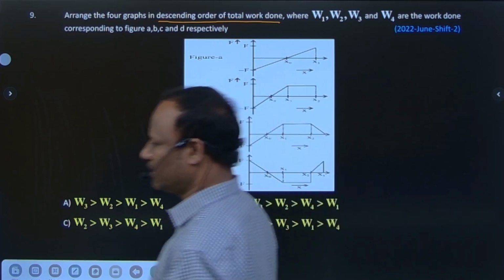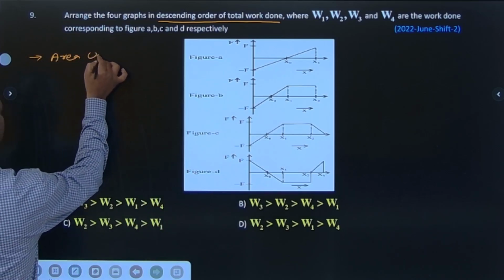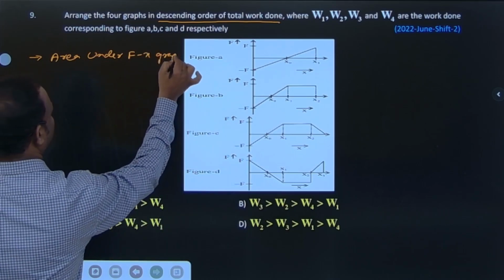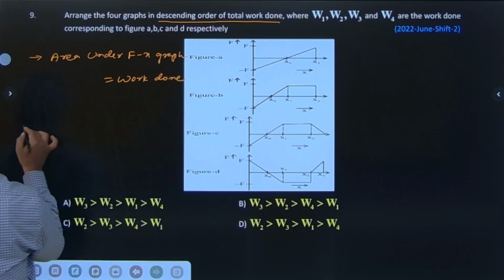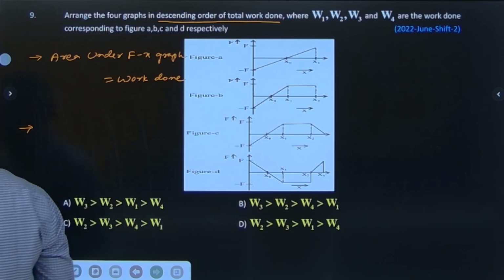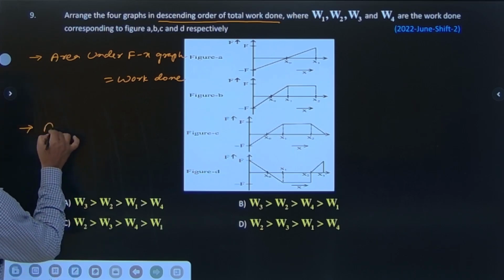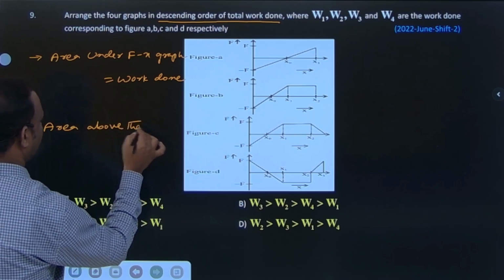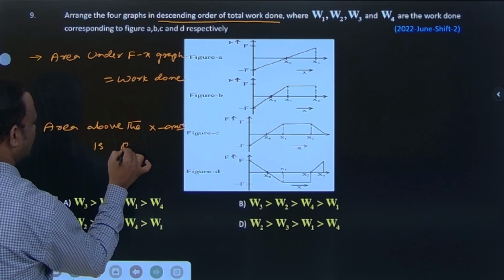One thing to remember, what are the key points we need to write from this? First, the area under the F-s or F-x graph is equal to work done. Second, positive and negative work: the area above the x-axis is taken as positive work done.